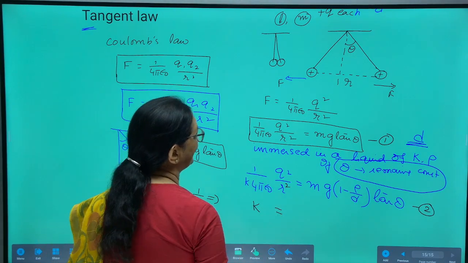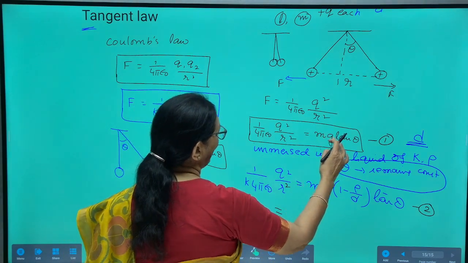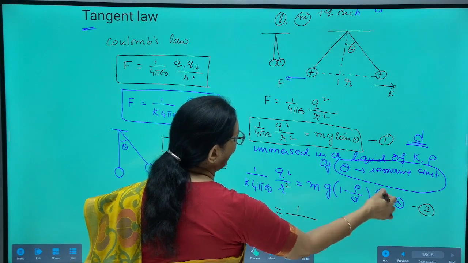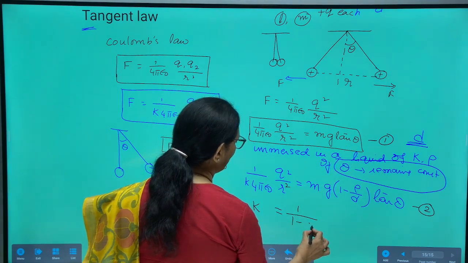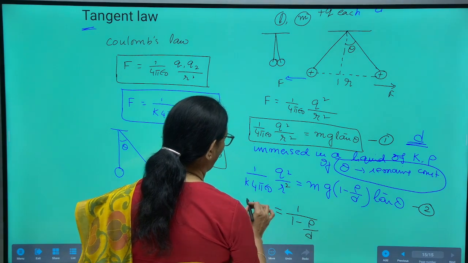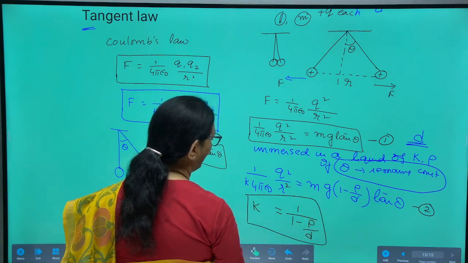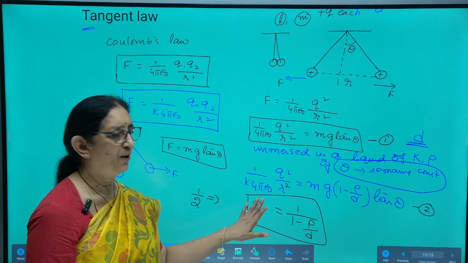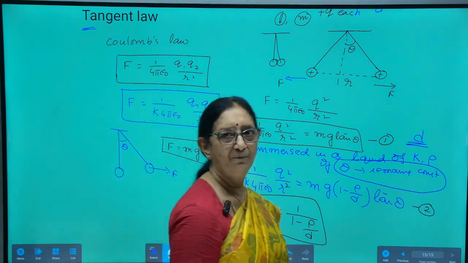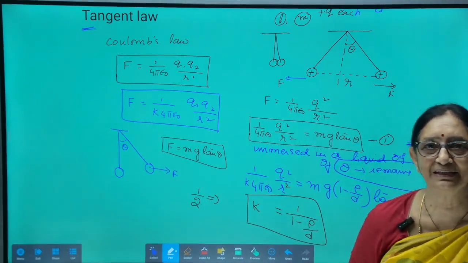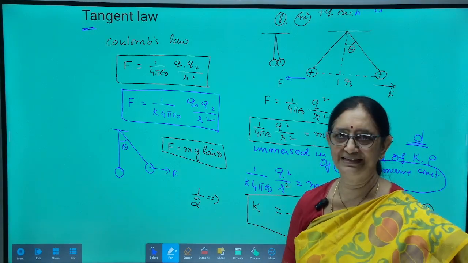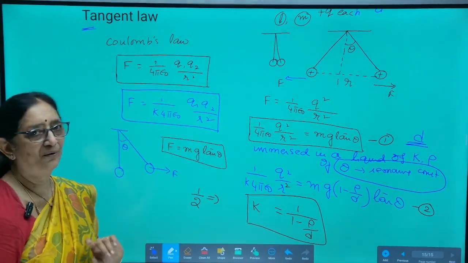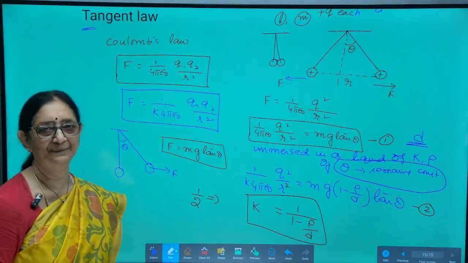So, K is equal to mg tan theta by mg tan theta into 1 minus rho by d. mg tan theta gets cancelled, and K is equal to 1 by 1 minus rho by d. This is a very important formula which we will be using while solving problems in objective examinations. I am repeating the concept, so go through the problem step by step.